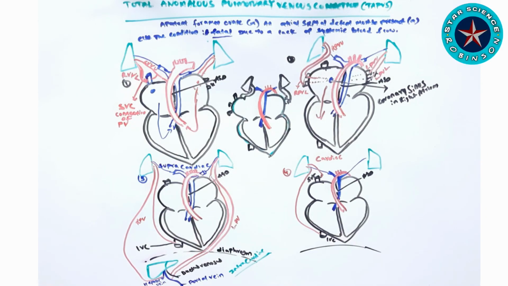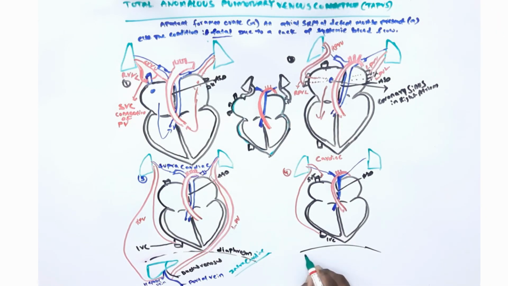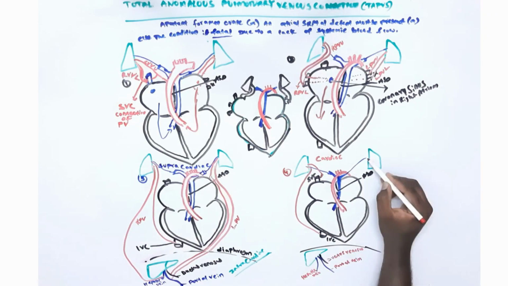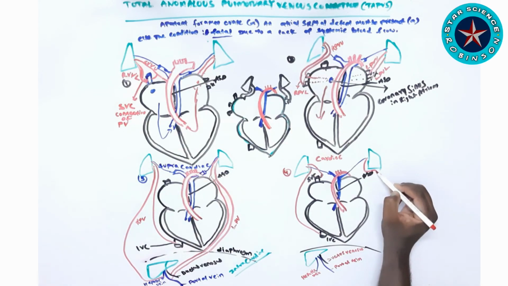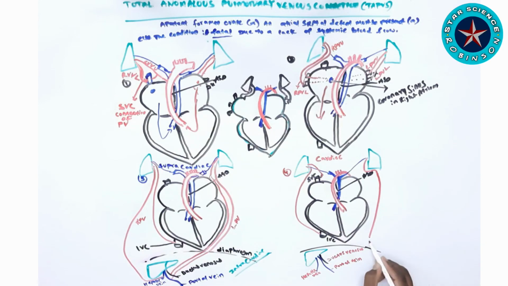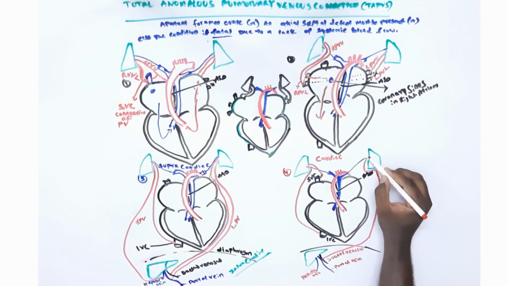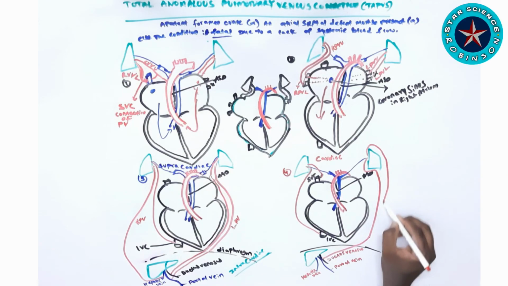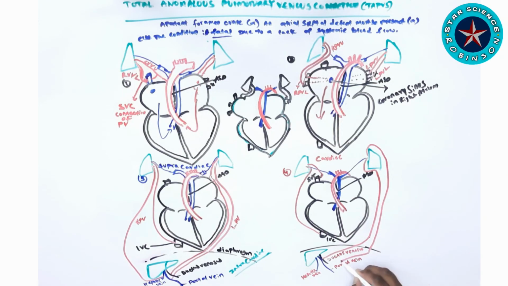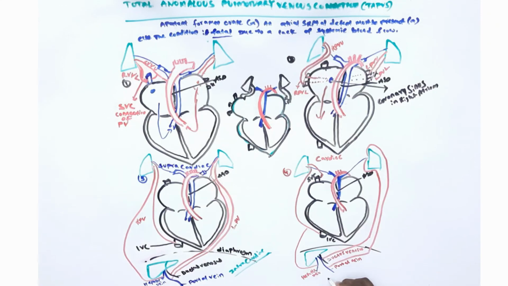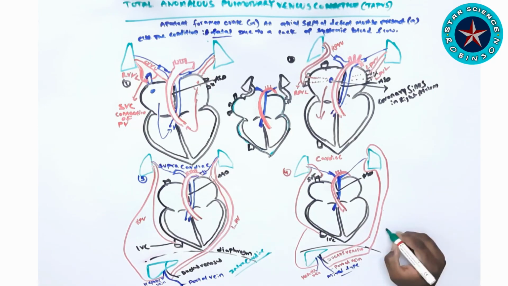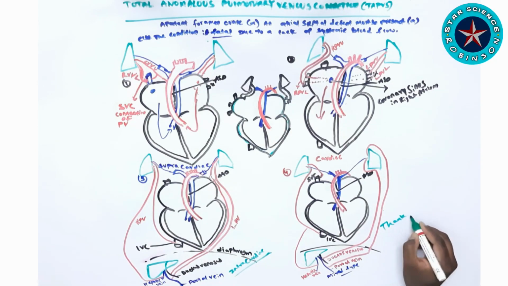Third, we'll see the same diagram of the liver, with the portal vein, ductus venosum and hepatic vein. One pulmonary vein goes and connects to the ductus venosum, another to the portal vein, and another to the hepatic vein. So this is the mixed type. So this is about total anomalous pulmonary venous connection.